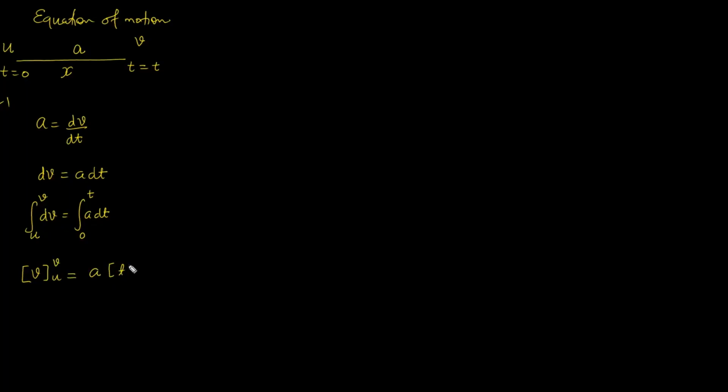Integration of dt is t. Limit from 0 to t. Now upper limit minus lower limit. Right hand side again upper limit minus lower limit. So v minus u is equal to at. So v equals u plus at. This is the first equation of motion.